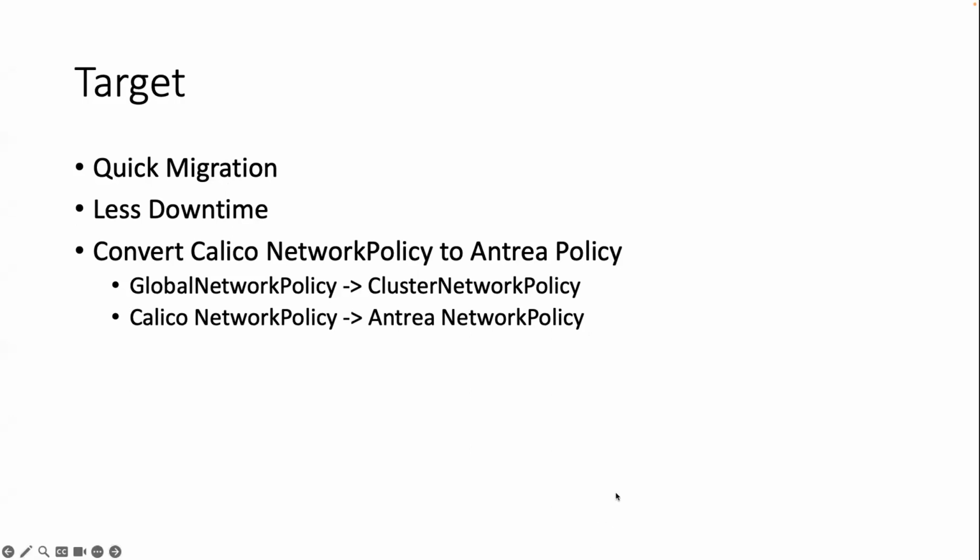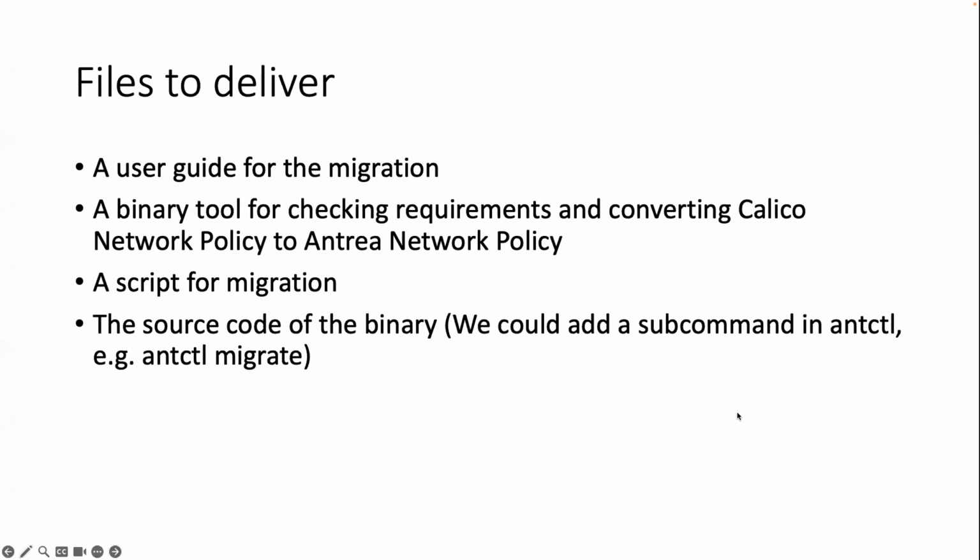Let's continue. Files to deliver. I would like to deliver 4 files. The first one is a user guide for the migration, and the second one is a binary tool for checking requirements and converting network policies.